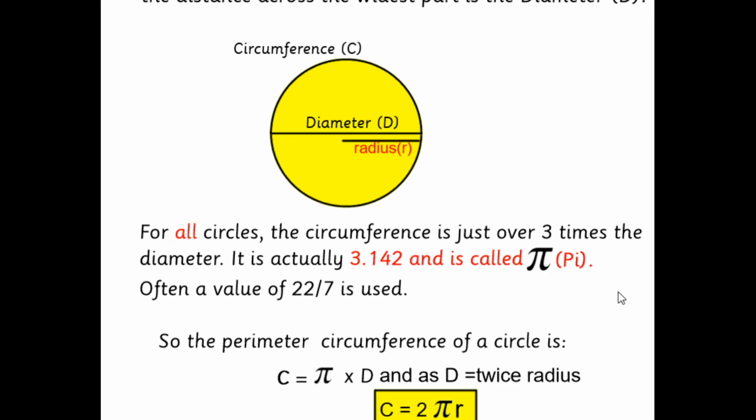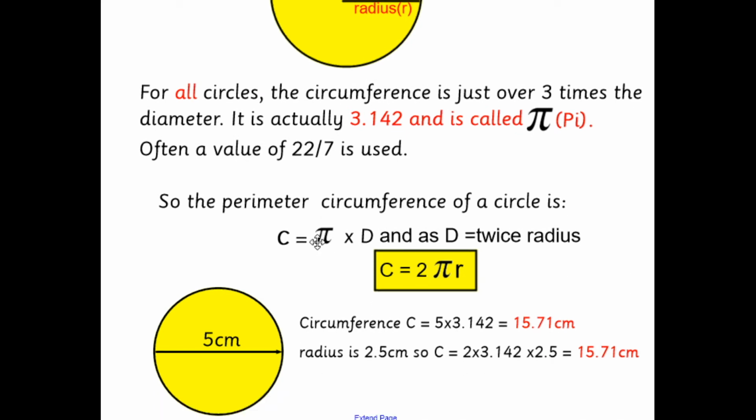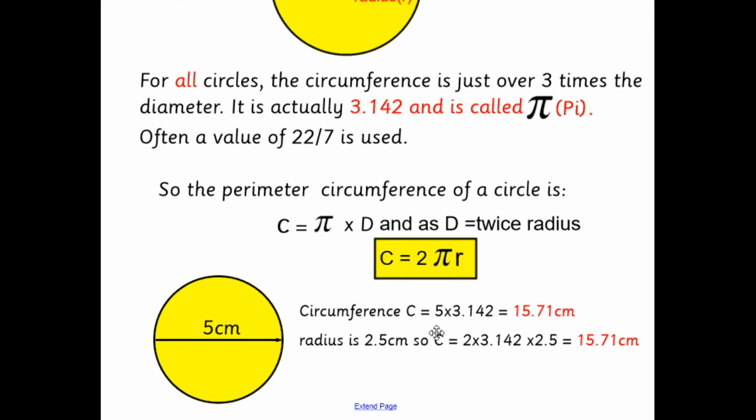So the perimeter, or the circumference of a circle, is pi times the diameter. And as d is twice the radius, the circumference is 2 pi r, which is the normal formula we use for the circumference of a circle. Here's a couple of examples.